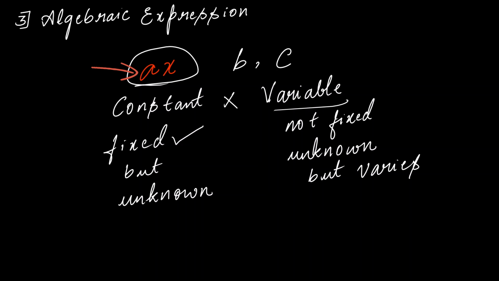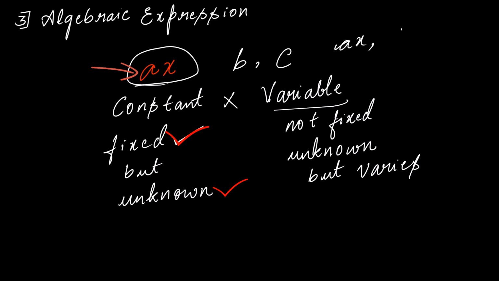So, before a variable, there will be a constant. When you don't know the value of the constant, you can use alphabetic letters. So, the value of a constant will always be fixed, but it is unknown. Since it is unknown, we are using letter a here. Hope you understood.